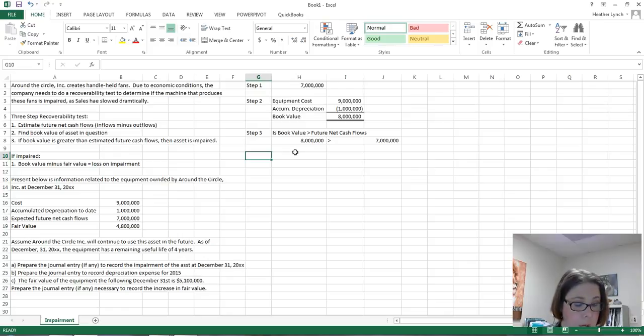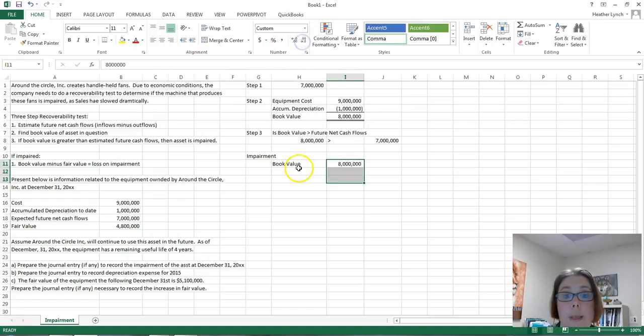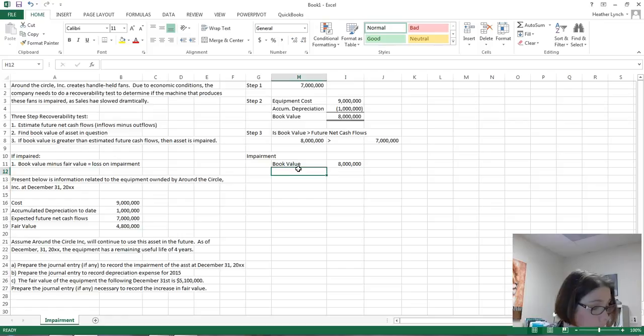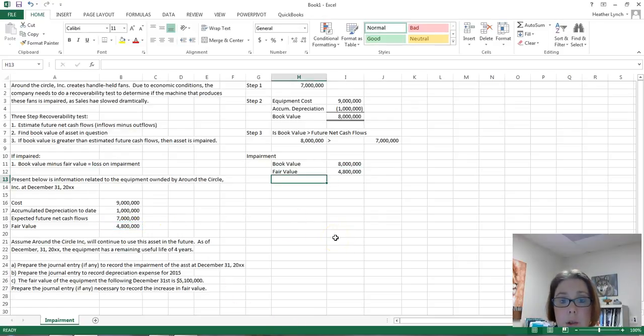Okay, so now the impairment process. We're going to take our book value, which we determined was the $8 million. The fair value is the $4.8 million.